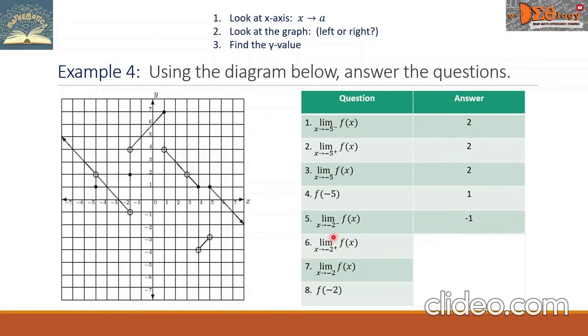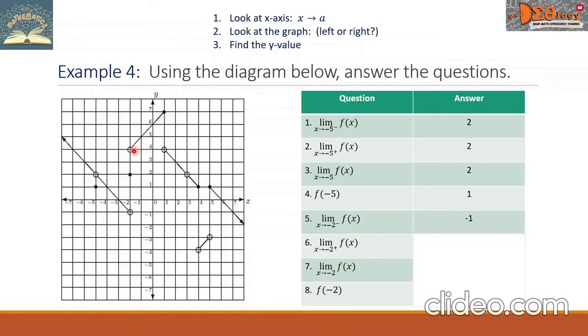Problem 6. Limit of the function as x approaches -2 from the right. So, the -2 is here. The graph will be this graph. And when we have an imaginary vertical line that passes through -2, this is the corresponding graph when x comes closer to -2.